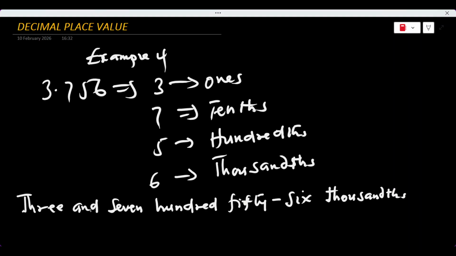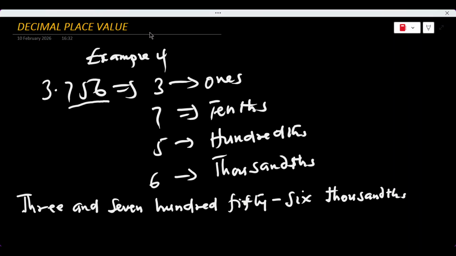No, we said 3 and 756 thousandths, because under normal circumstances, the digits would be pronounced 756. It's the same way, just that the last digit, the 6, receives its place value as the last part of the pronunciation. The 6 is at the thousandths position, so you attach thousandths to it. I hope that is clear as well.